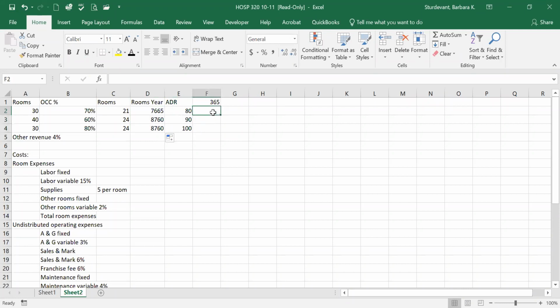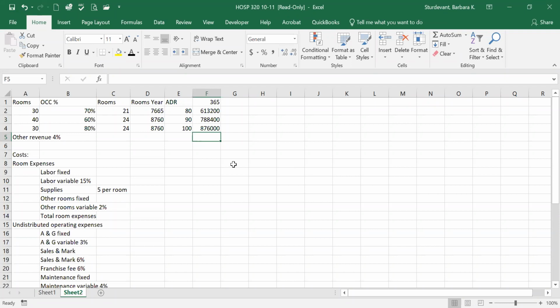And then to find the sales, we're going to take our rooms times our ADR. To get our sales. Okay, questions? So those are our room sales.